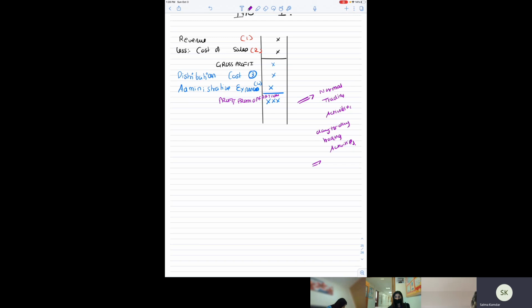And it will only have expenses or incomes related to the normal course of business.